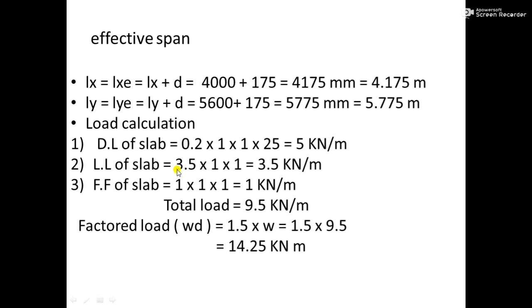Then live load of slab is 3.5 kN per meter square, floor finish 1 kN per meter square. The total load is addition of dead load, live load and floor finish, that is 9.5 kN per meter square. So factored load is 1.5 into this total load, 9.5, and that factored load comes to be 14.25 kN per meter square.